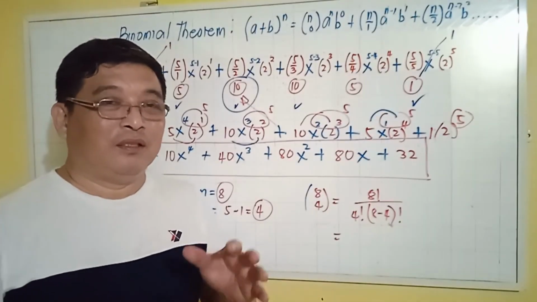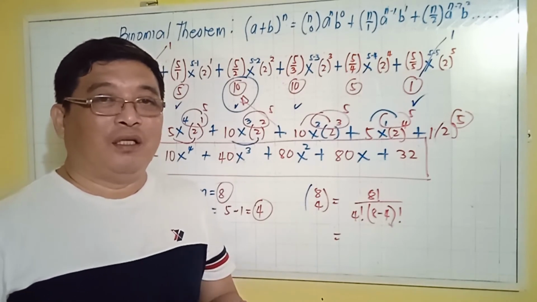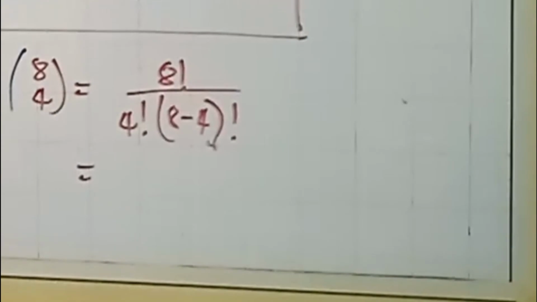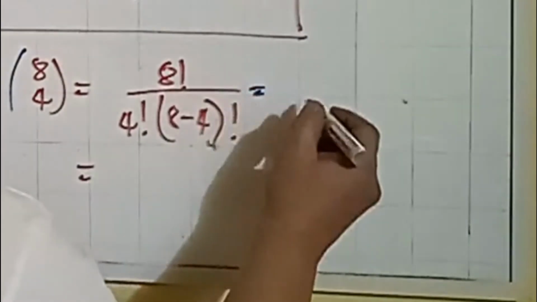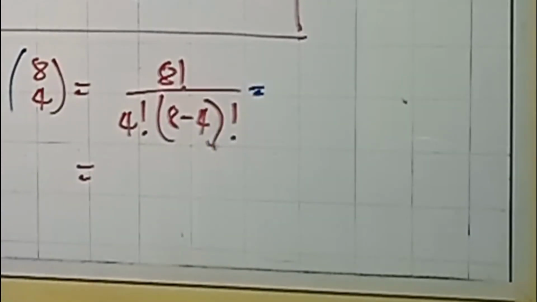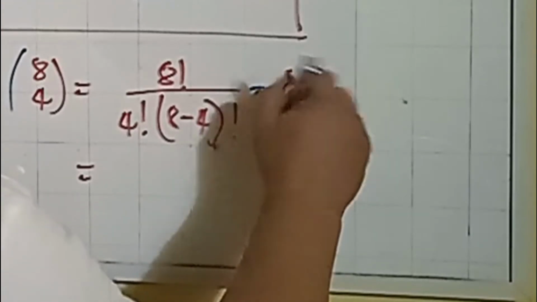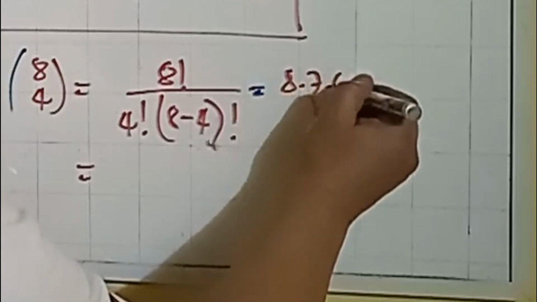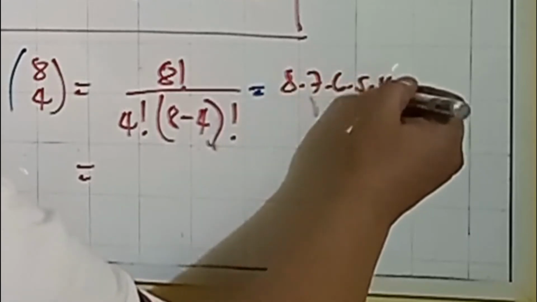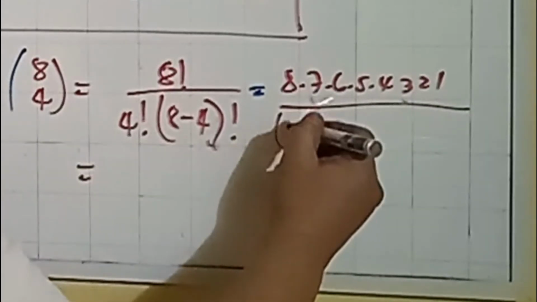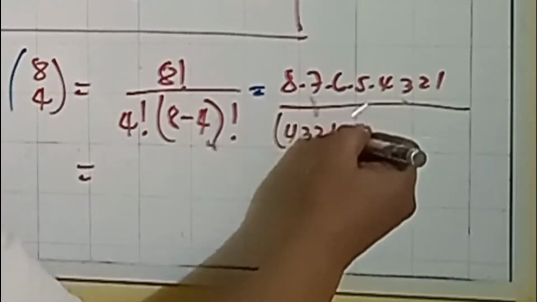Meron siyang button na nakalagay, it's either n factorial or x factorial. But anyway, itry natin i-solve dito. So, we have 8 times 7 times 6 times 5, 4, 3, 2, 1, divided by 4 factorial, that is 4, 3, 2, 1.